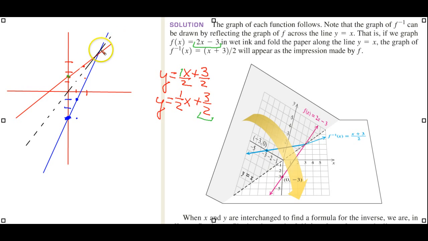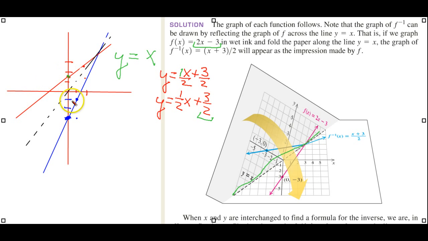Now, an interesting thing, there is a line of symmetry going up, which is y equals x, that if we were able to fold this paper along this dotted line here, and they're trying to illustrate that, this blue line would actually be right on top of this red line. Okay?